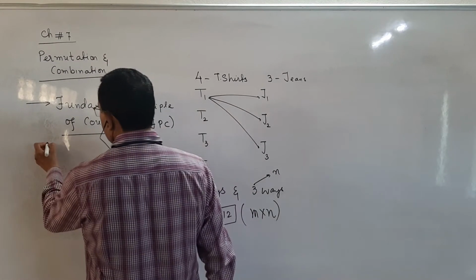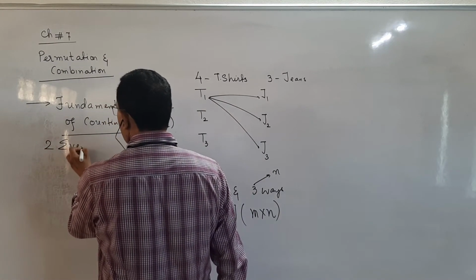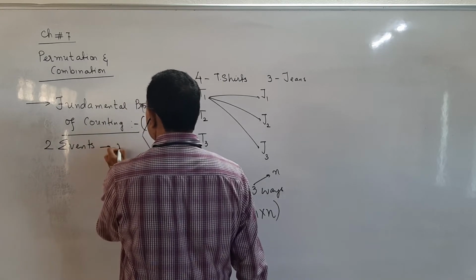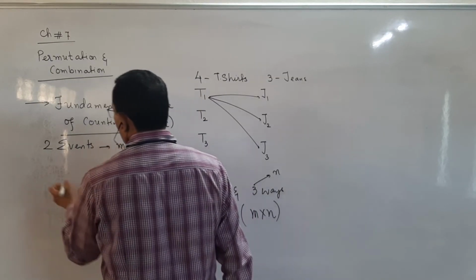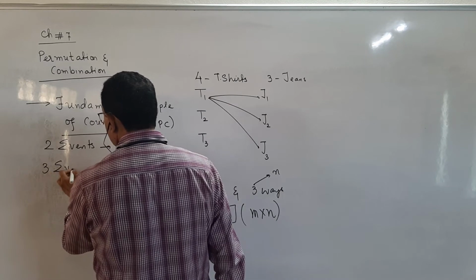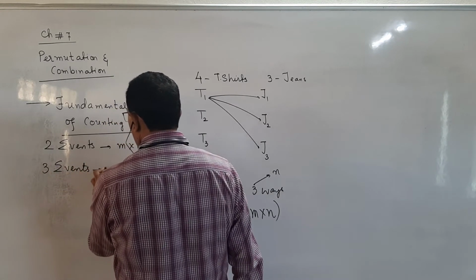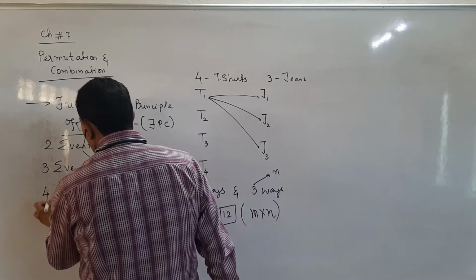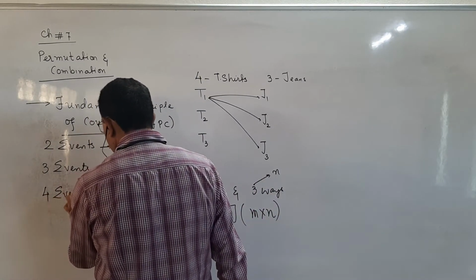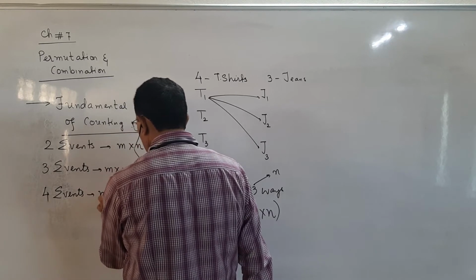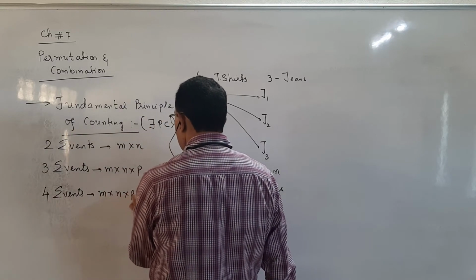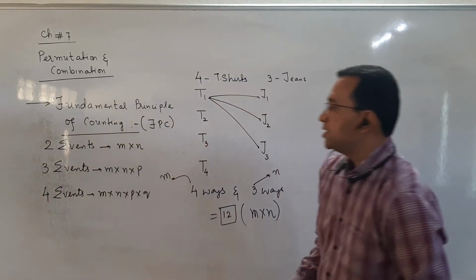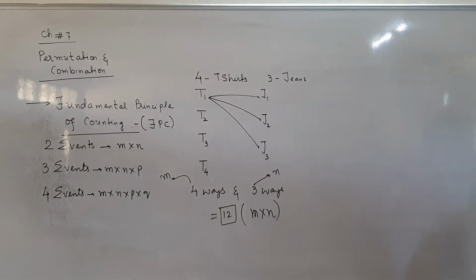So for 2 events, it is m into n. For 3 events, it is generalized as m into n into p. And for 4 events, it is generalized as m into n into p into q. Generally, students, you may not have more than 4 or 5 events in your syllabus.